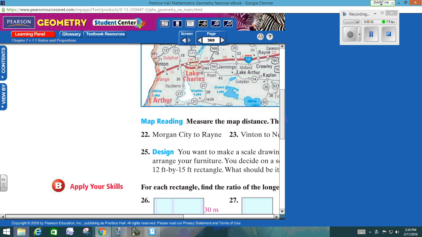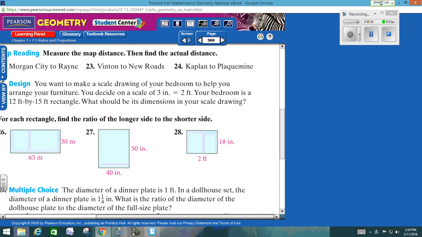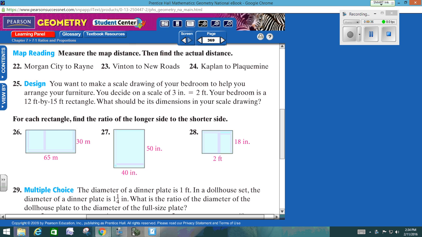Okay. To 25, your dimensions of your scale drawing should be 18 inches by 22.5 inches. How do I do that one? So my room is 12 feet by 15 feet, and it's like I'm going reverse. I'm going to put it onto like a blueprint, and I'm going to use the scale that for every 2 feet, it's 3 inches on the paper.